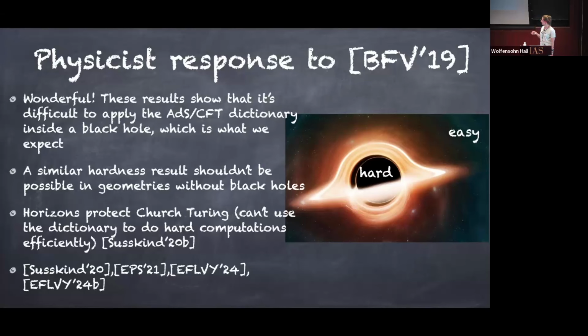But in this paper by Susskind, he argued this doesn't happen because the existence of the black hole horizon really protects the Church-Turing thesis. Someone who jumps into a black hole might be able to compute things outside of what you can do efficiently on a quantum computer, but that information isn't accessible to anyone outside the black hole, and in particular, it's not efficiently accessible to someone who just has access to the boundary of ADS-CFT.